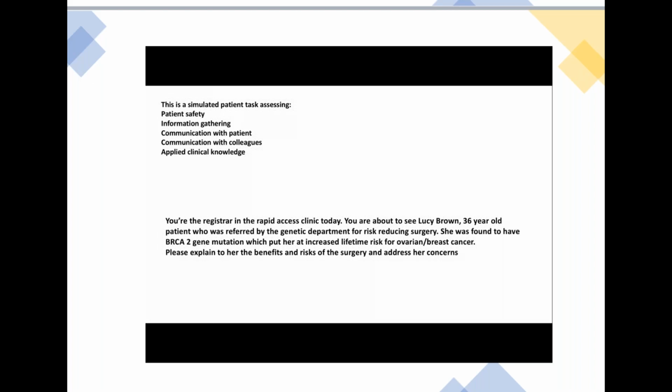Don't forget to explain the risks of the surgery itself. Because it's laparoscopy, the risks are injury to bowel, injury to bladder, bleeding from injury to a large blood vessel, conversion to laparotomy.